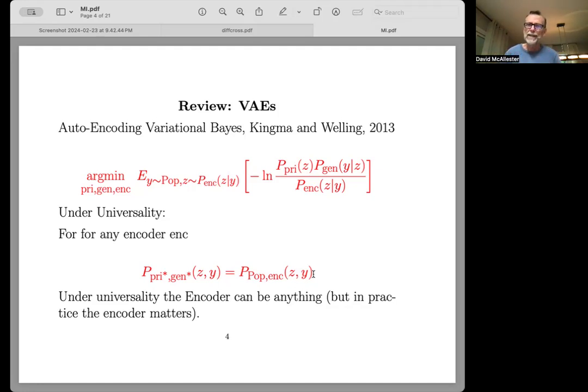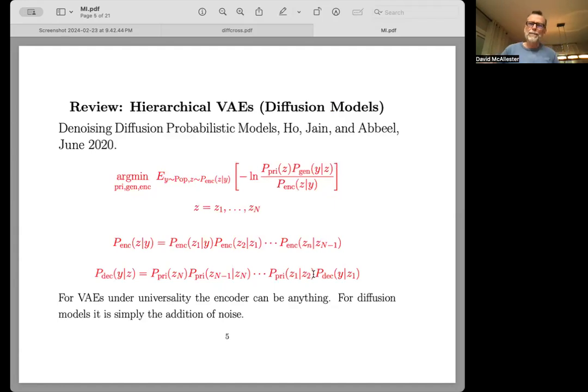So again, this is just review, but I think it's nice to get the high level picture of what we've done and where we've been, especially as we're introducing yet a fourth fundamental equation. Now, there's really a fundamental equation that's like 3B. This is hierarchical VAEs.